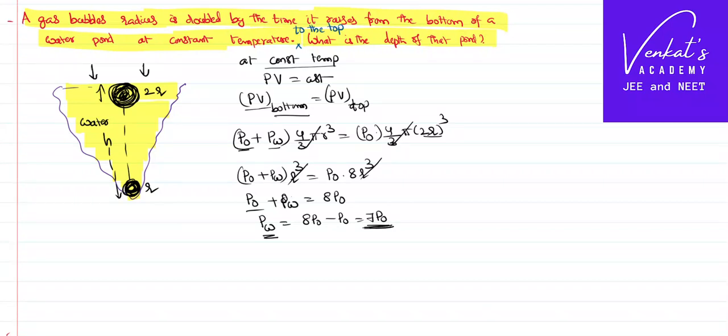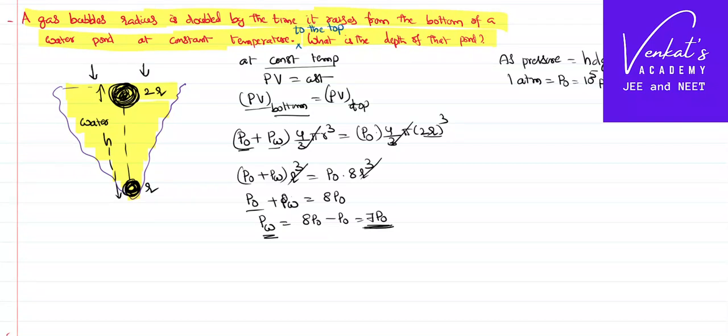How much is that height? Let us try to find out using the basic definition of pressure. Pressure can be written using the formula h d g. For example, we know 1 atmospheric pressure, people call it P0, is approximately 1.01 into 10 power 5 Pascal.